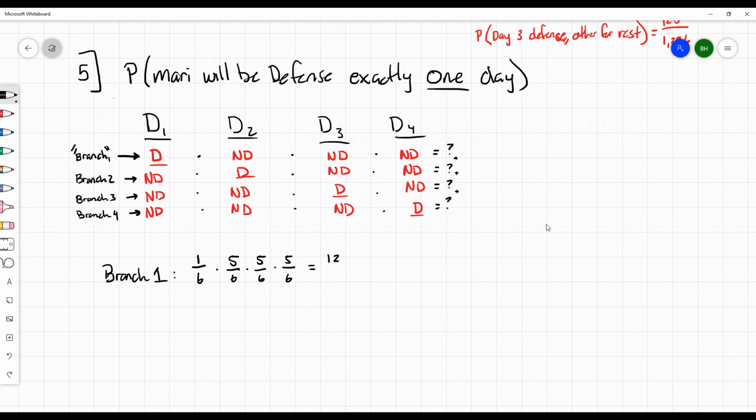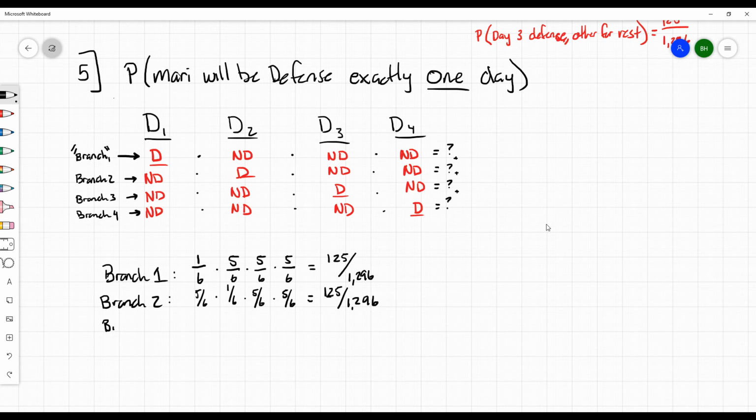It's 125 out of 1,296. Now here's an interesting thing, because for branch 2, we're using the exact same numbers for the fractions. However, this time, they're just rearranged. But when we multiply them together, they're equal to the exact same thing.